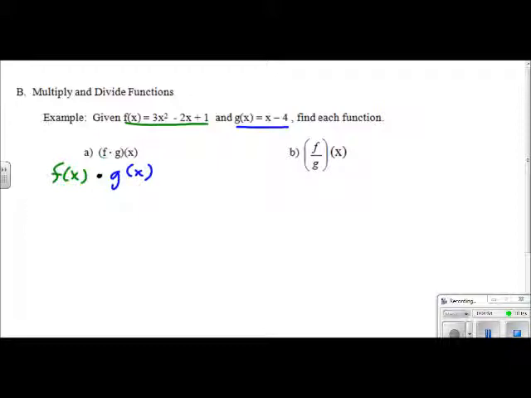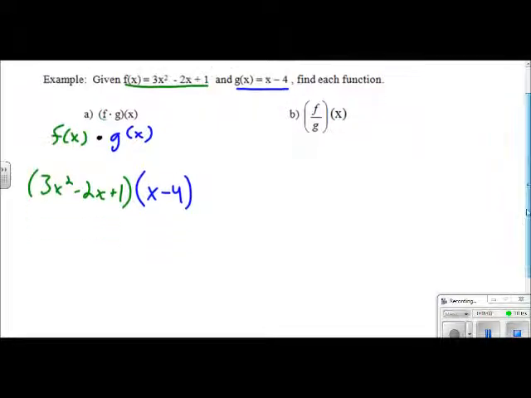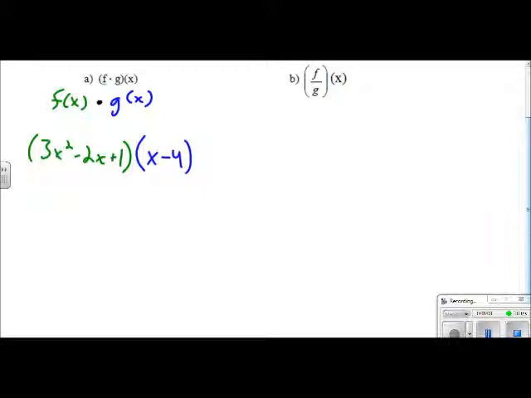So we'd have to do 3x squared minus 2x plus 1 times our g of x, which is x minus 4. So we would have to distribute everything here.